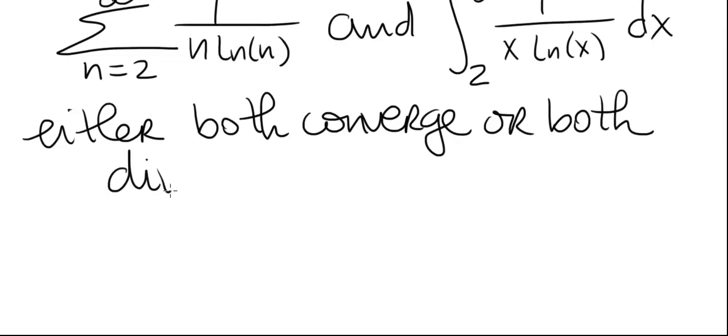So what that means is that if the integral diverges, so does the series, and if the integral converges, so does the series. But if they do converge, they don't converge to the same limit. So let's look at this integral.